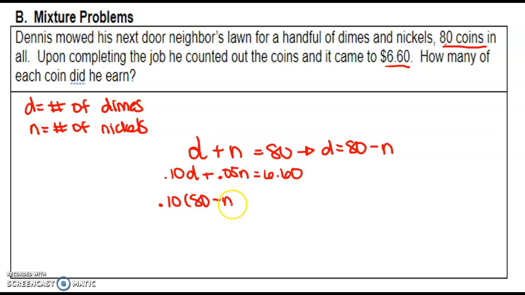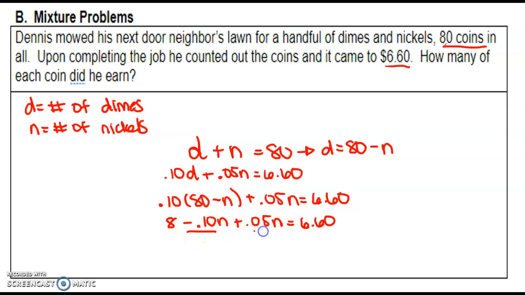80 minus N plus 0.05 N equals 660. Distribute, I get 8 minus 0.10N plus 0.05 N equals 660. Combine my like terms here. 8 minus 0.05 N equals 660.